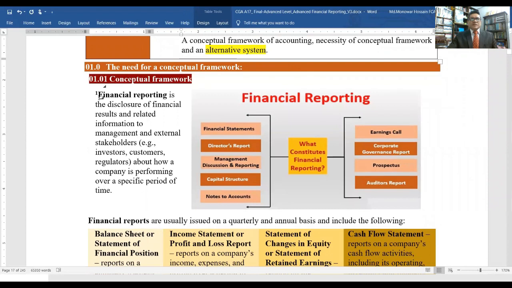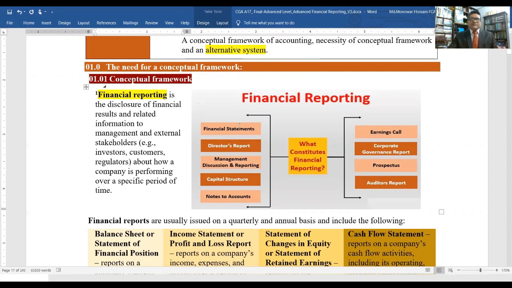First of all, we have to understand financial reporting. Financial reporting is the disclosure of financial results and related information to management and external stakeholders, that is investors, customers, regulators, about how a company is performing over a specific period of time.